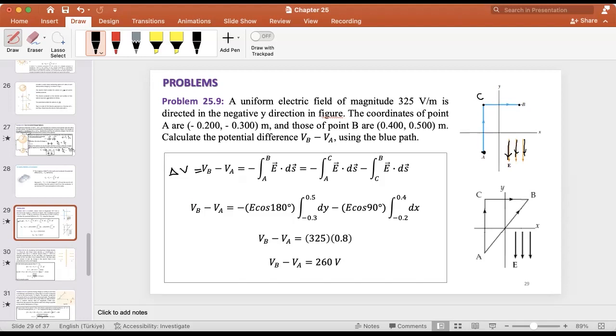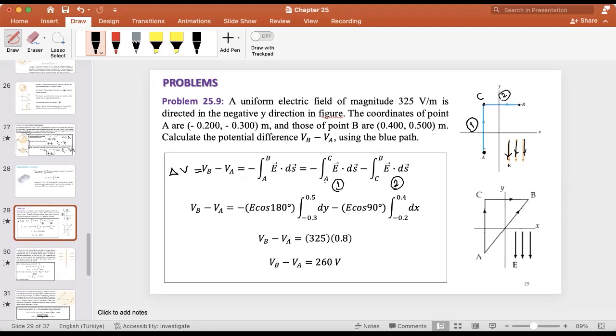So how can we write the integral limits? It starts from A to C. Can you see? This is my first path, and this one is the second path. For the first part, I will write this integral, and this one is for the second path. Okay, and we can put in the limits.